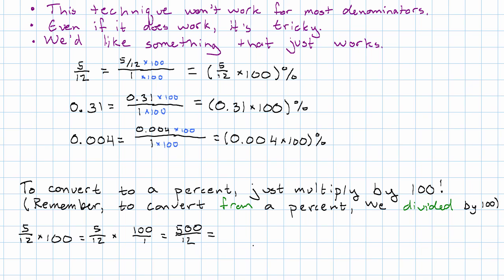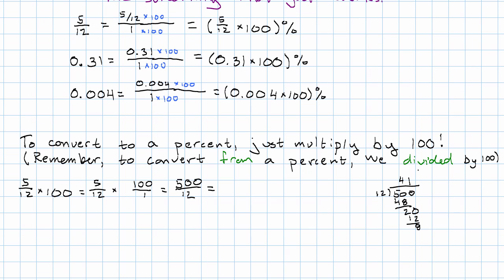I'm going to make that into a mixed number. 12 goes into 500 41 times, with 8/12ths left over.